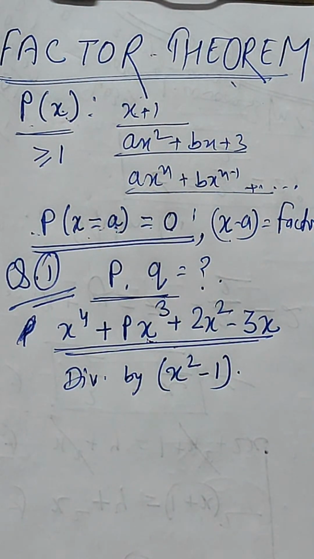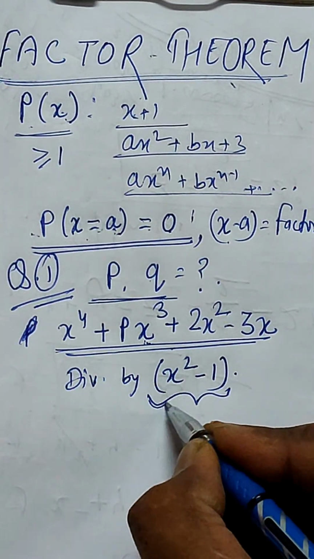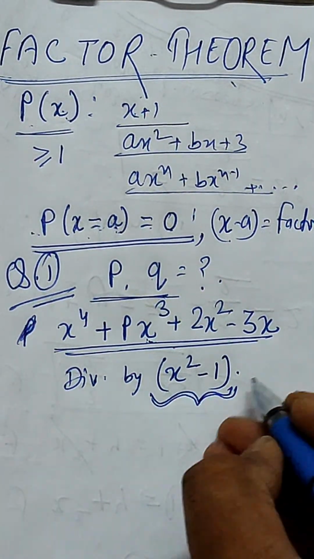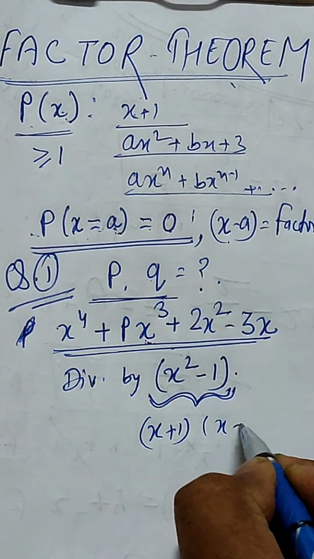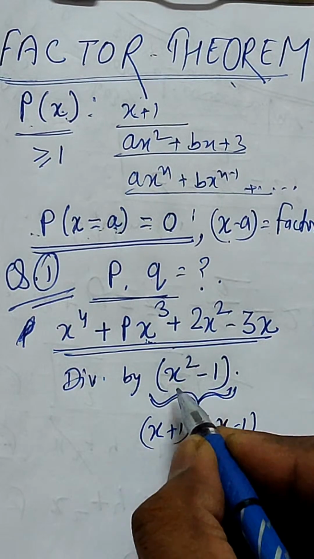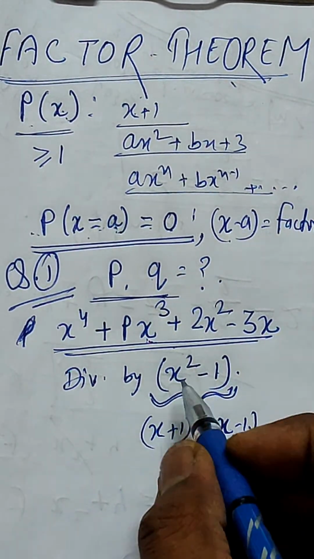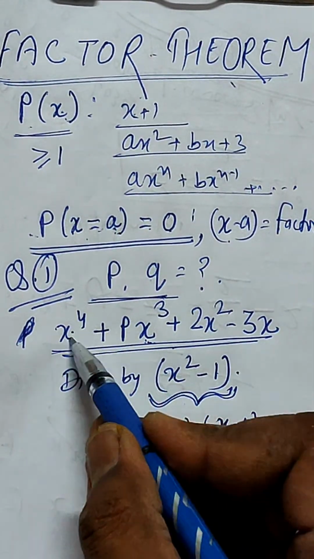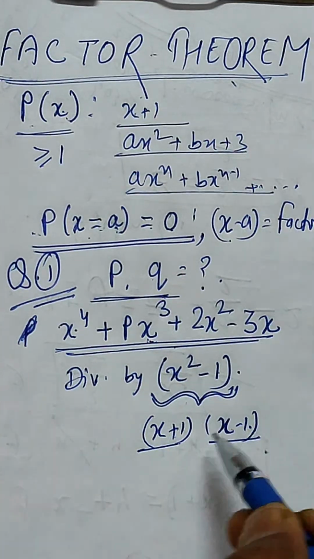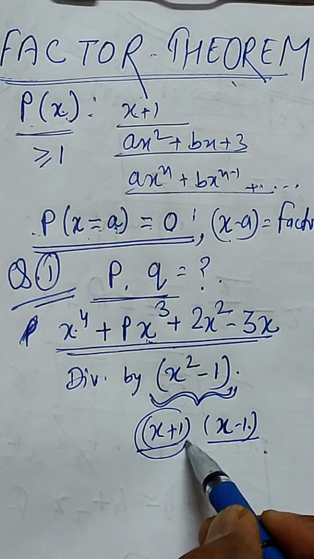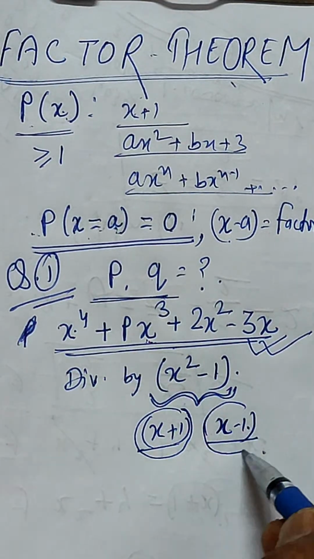Now x square minus 1 can be written as x plus 1 and x minus 1, using the formula a square minus b square equals a plus b times a minus b. So this polynomial is divisible by x plus 1 and x minus 1. Then x plus 1 is a factor of this given polynomial and x minus 1 is also a factor.